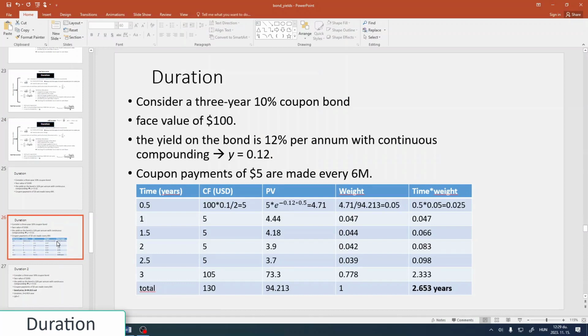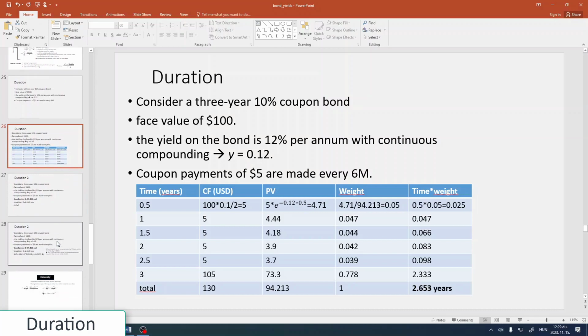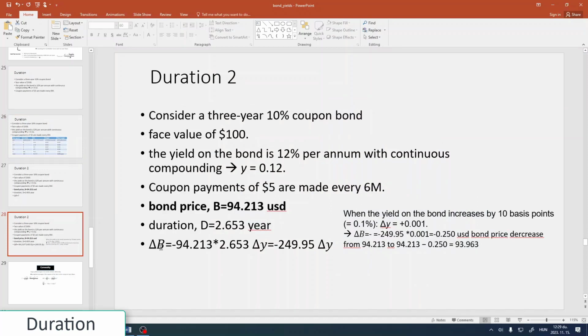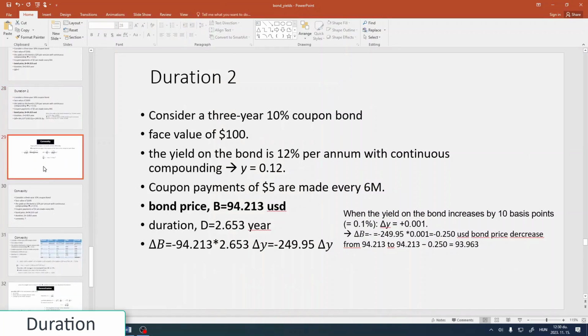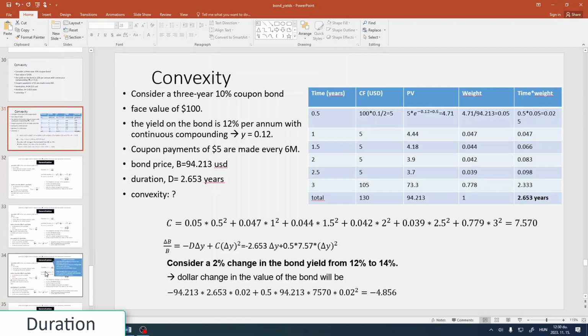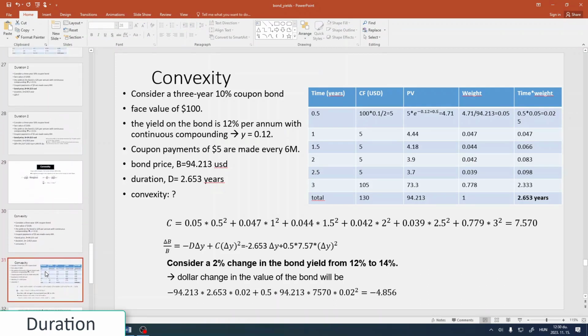We will check different setups for duration, and also we will see how the bond price will react to any kind of change in the yield curve, because this is much more important if we have to sell the bonds. We should also calculate convexity, because it's also nice, and we can do both things if we succeed.